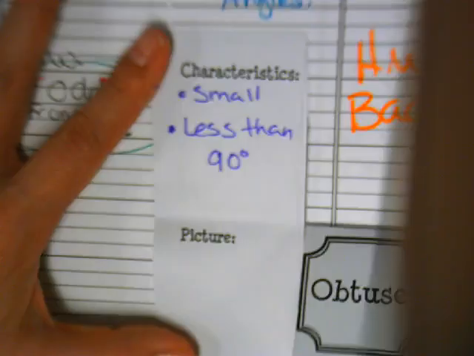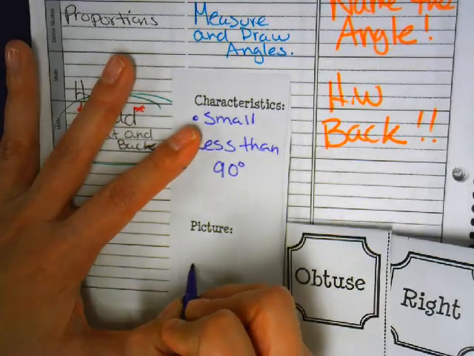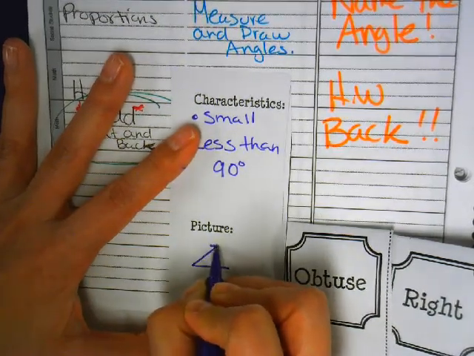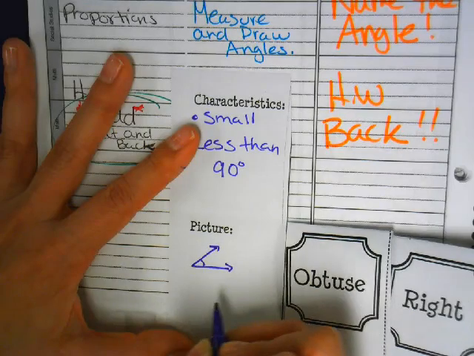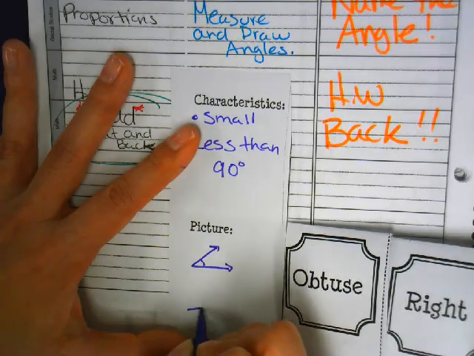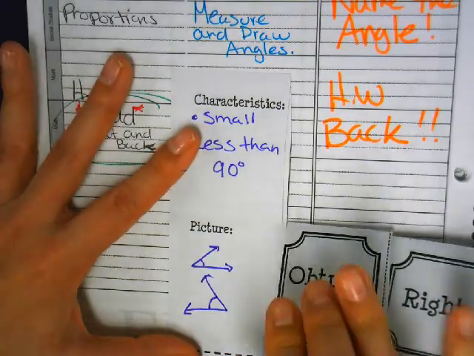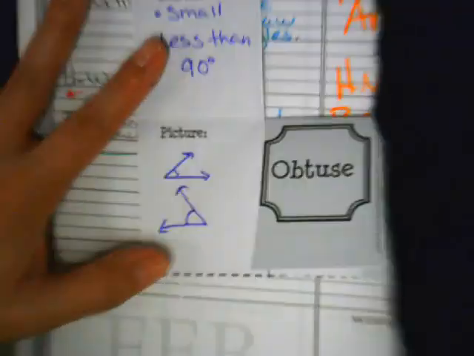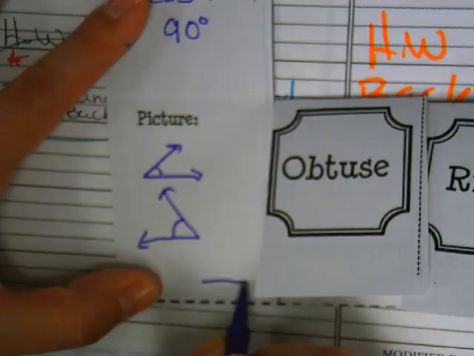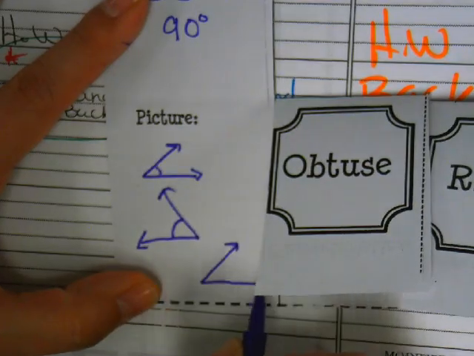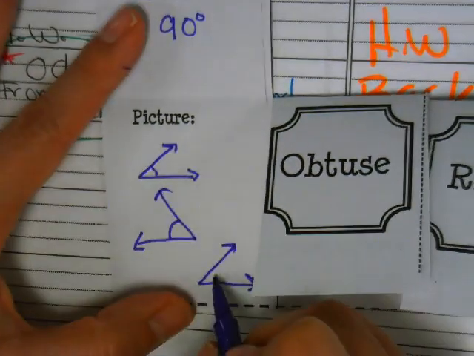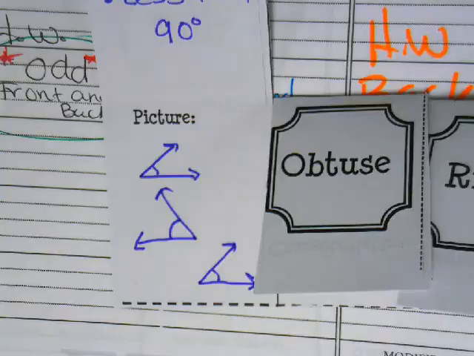It looks small. The opening is very small. No matter which way it goes, it's a small opening. So when you look at it without even a protractor, and the opening is small, it's good.